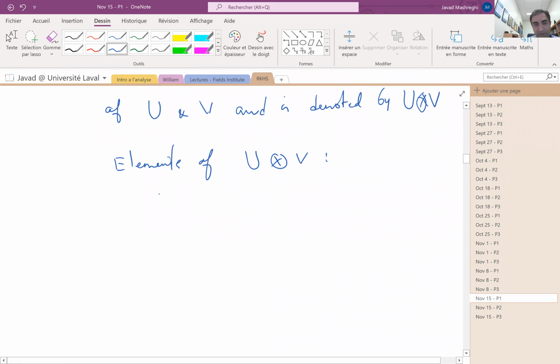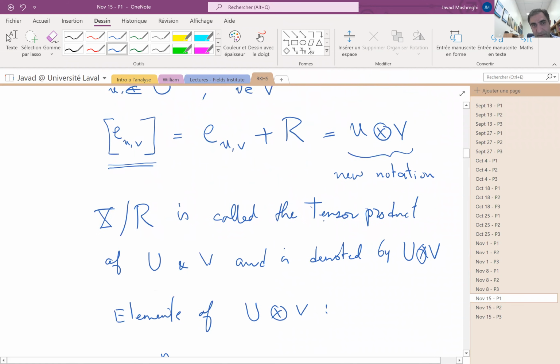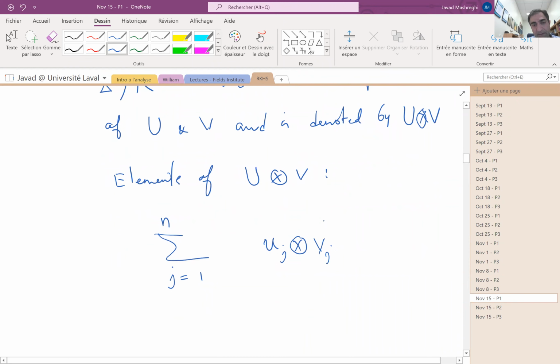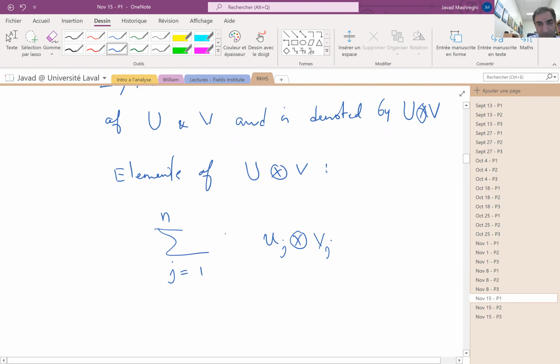So generally speaking, we should write the sum over j from 1 up to n of uj tensor product vj. That's a coset like this. And usually we multiply by a scalar here, lambda j. So that's an arbitrary element.